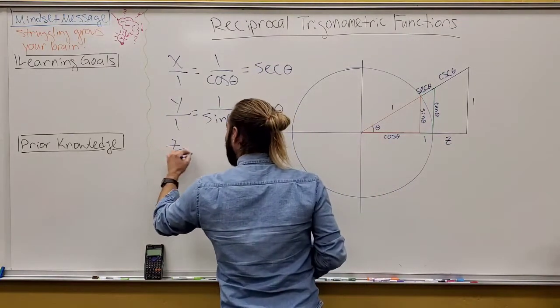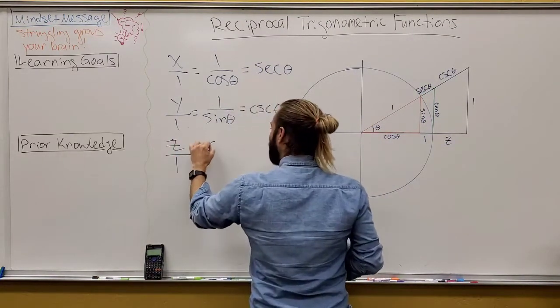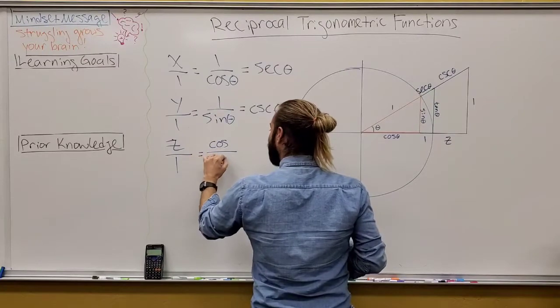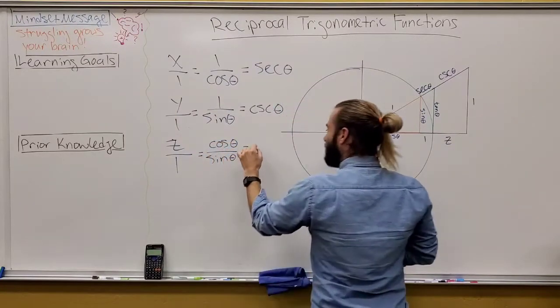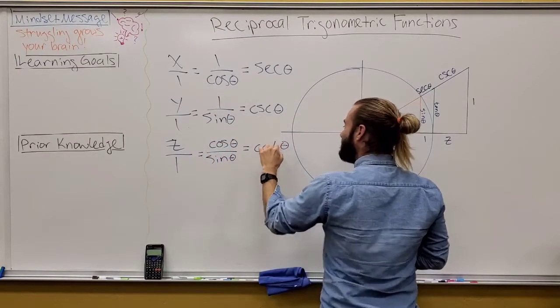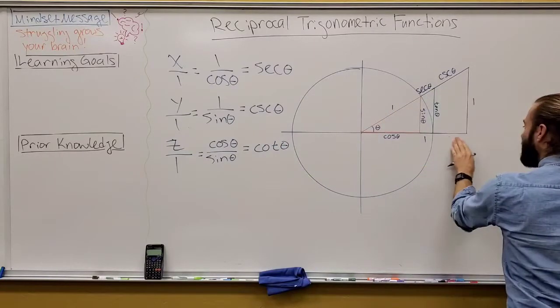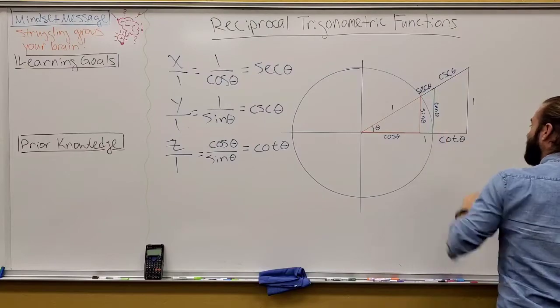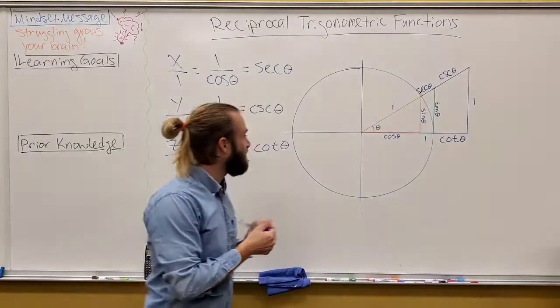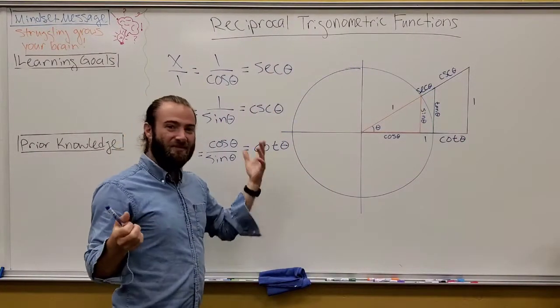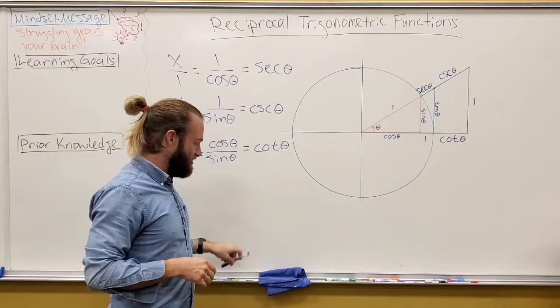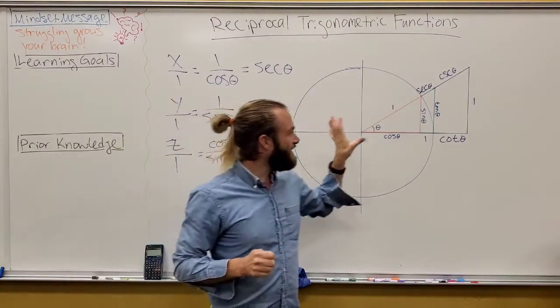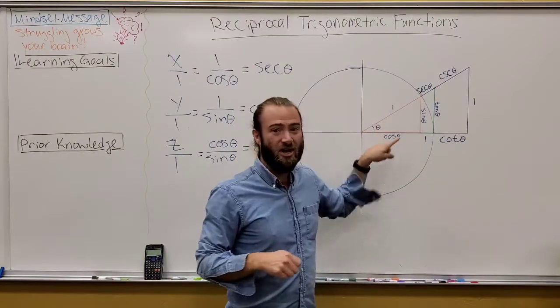So z to 1 equals cosine to sine, and we already know that that is the definition of cotangent. Awesome. So that works out. So this whole base is cotangent theta in length. And there we go. We have all 6 of those trig functions as exact lengths of some right triangle associated with the unit circle.